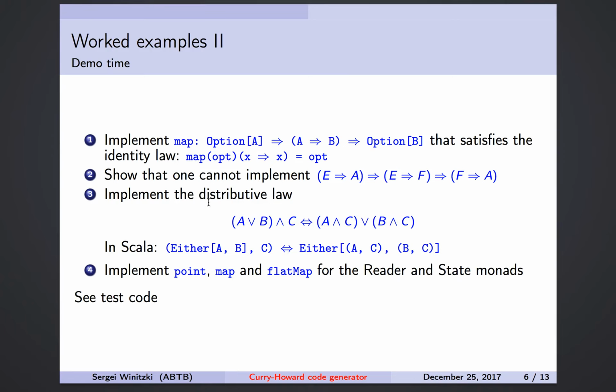And let me give you some other examples of what you can do. For example, the distributive law, which would be translated into Scala code like this, is an isomorphism between, or equivalence of types between the either of A, B, and C in a tuple, and an either of tuple AC, tuple BC.